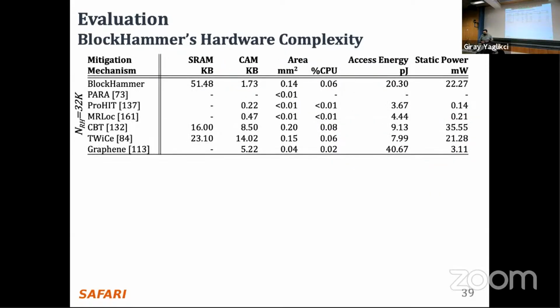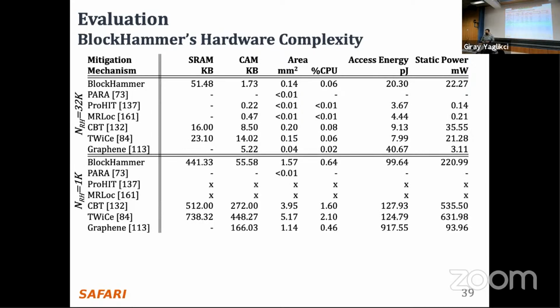And to understand how the hardware complexity of BlockHammer and the other mechanisms scales with worsening RowHammer vulnerability, we repeat the analysis for a RowHammer threshold of 1K. So we extremely decrease the RowHammer threshold here. I don't remember any RowHammer threshold among the chips we characterize that is as small as 1K, so this is a future-looking kind of analysis.